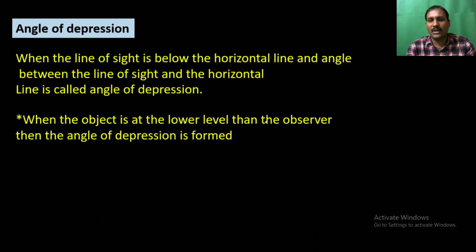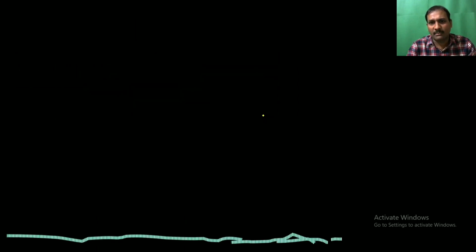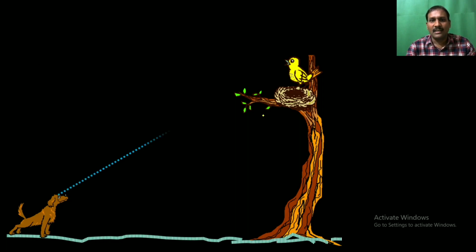So let us take the formal definition. When the line of sight is below the horizontal line, then the angle between them is called the angle of depression. Or when the object is at a lower level than the observer, then the angle of depression is formed. Now let us bring the dog and the bird into the same picture. Here they are observing each other.